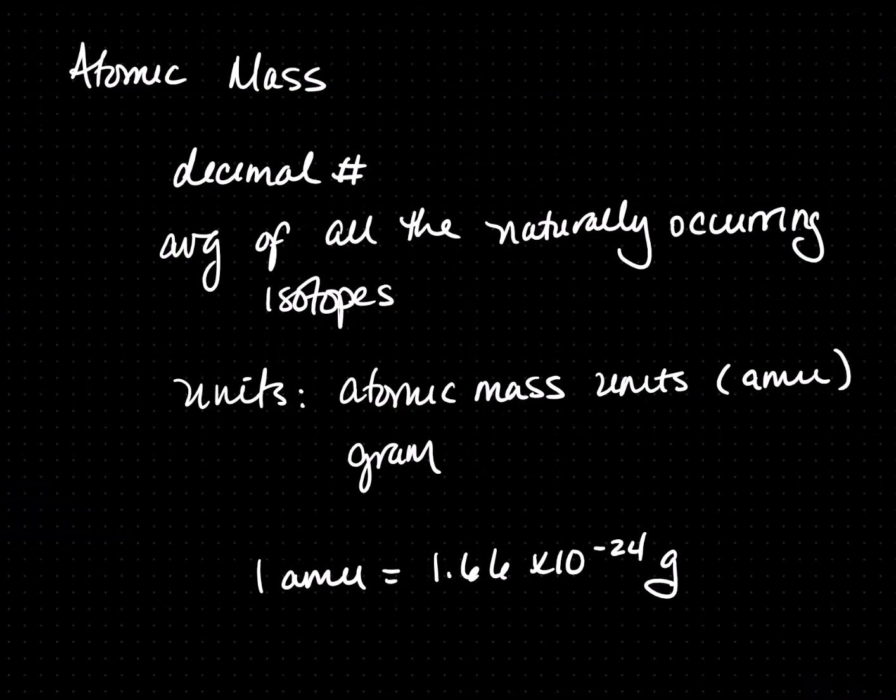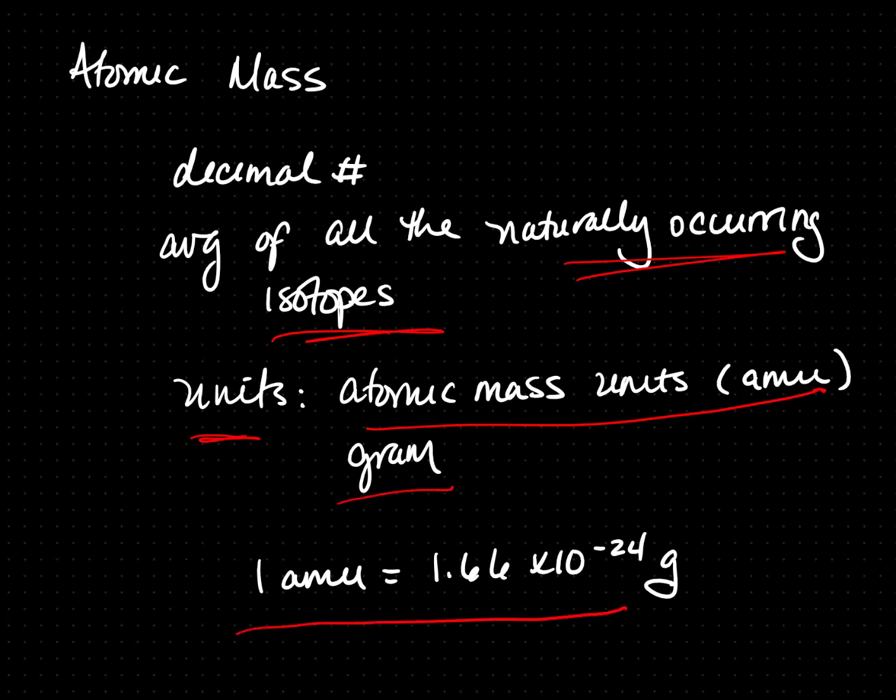This is a review. Atomic mass is a decimal number. It is a decimal number because it's the average of all the naturally occurring isotopes. The units are atomic mass units, AMU, or grams. 1 AMU is approximately 1.66 times 10 to the negative 24 grams.